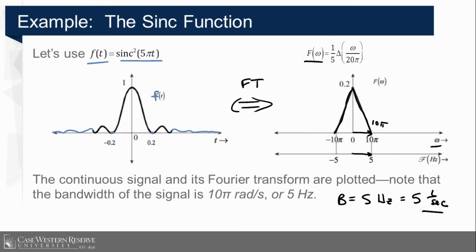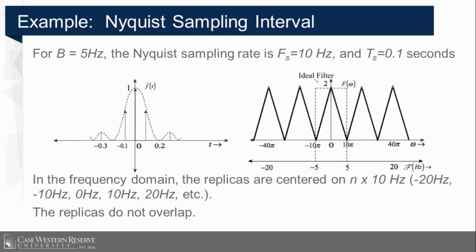And again, this bandwidth is important when determining our Nyquist sampling interval. So this is going to tell us how we need to sample our signal in order to represent it appropriately. Okay, so let's start by sampling our signal at exactly the Nyquist sampling interval. Our bandwidth is 5 Hertz, and so the Nyquist sampling rate, Fs, is going to be equal to 2B, and so Fs will be equal to 10 Hertz.